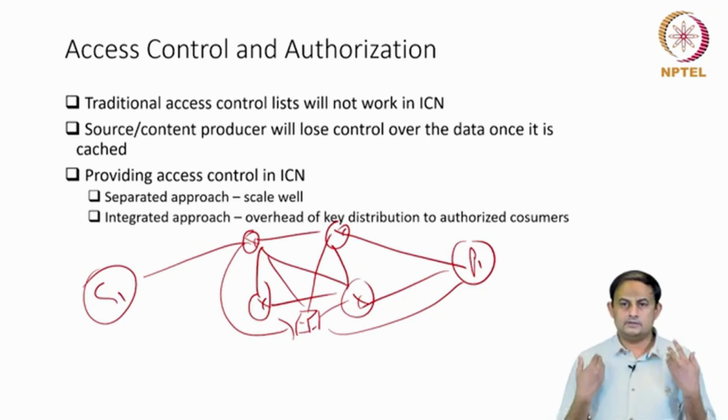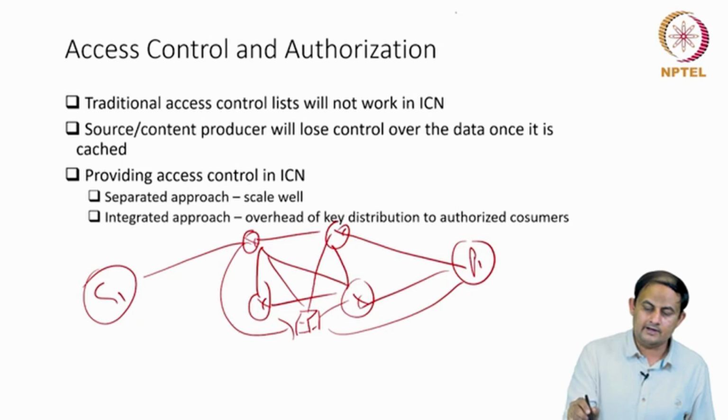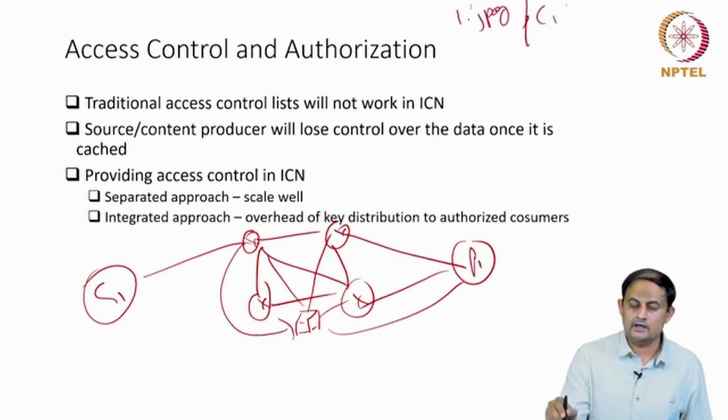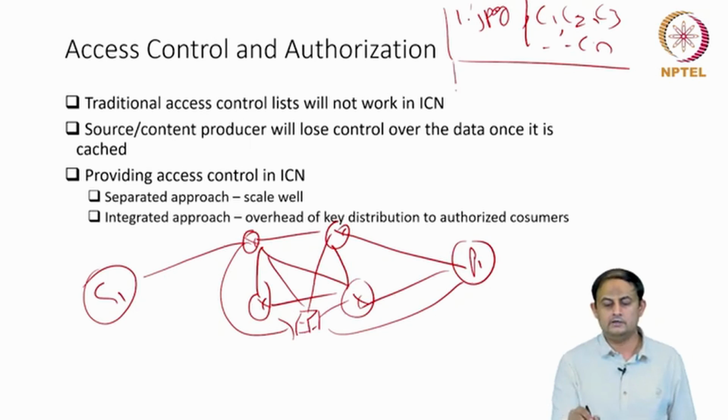The other way to address this problem is that the routers not only cache the content, but also keep a list of the users who can access that particular content. So I have a content 1.jpeg, and then I have a list of consumers C1, C2, C3, and so on, Cn, who are allowed to access this content.